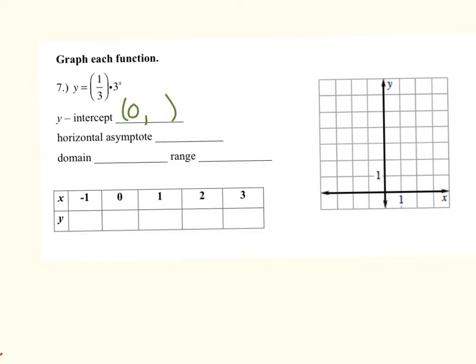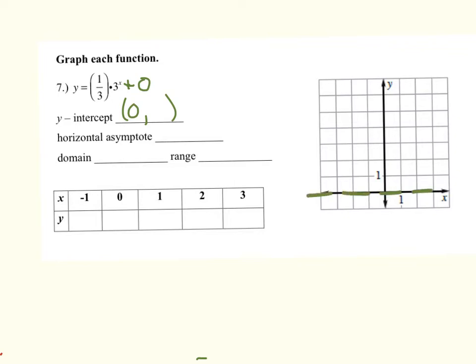Your horizontal asymptote is if something is being added or subtracted. Even if there's not, you can always write plus 0, so that you think, okay, nothing's being added or subtracted here, so my horizontal asymptote is going to be at y equals 0.